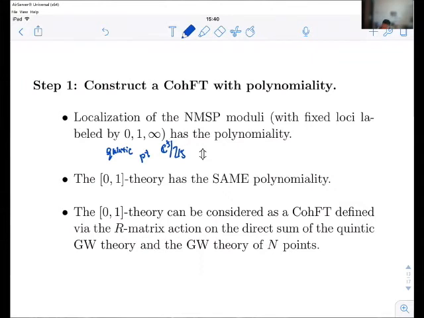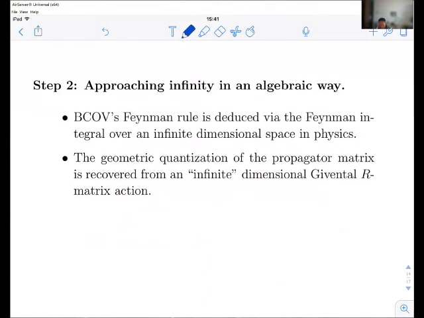This cohomological field theory is defined by the R matrix action on this quintic theory and the Gromov-Witten theory of some points we call endpoints, because here n means that we add n fields, and we hope to make this n very large. Sorry, this is too complicated, but I just want to give roughly this picture.